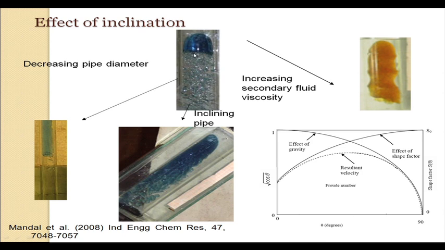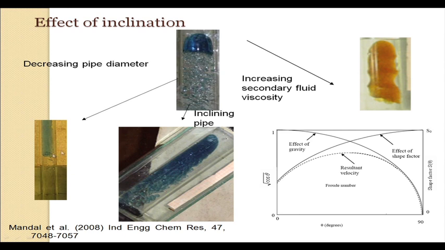This wake region increases with increase in tube diameter, number one. And the other thing is that as we decrease the pipe diameter, we find that the wake region disappears.